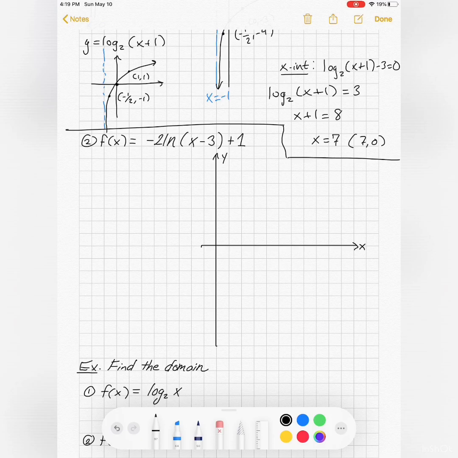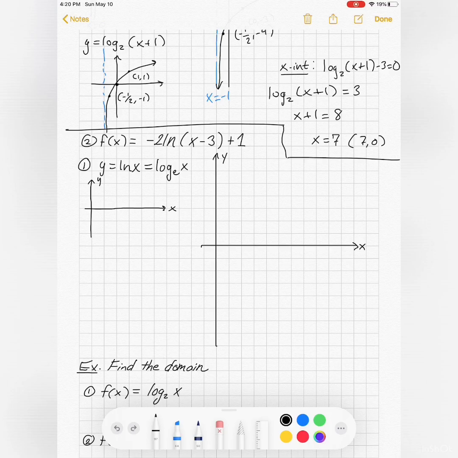So this guy, the base graph would be ln of x. Remember, that's the same as log base e of x. So what does that look like?